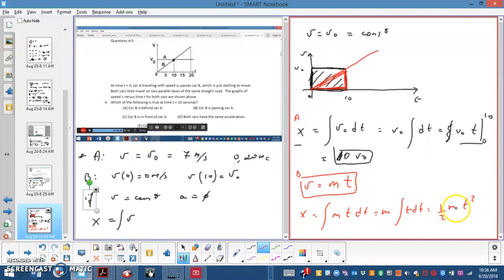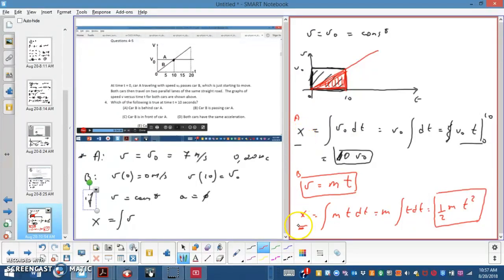Now notice you have 1/2 of the m and the t squared. This means that this is the area of your triangle. Do you see? It's 1/2 base times height. So now you're looking at this portion here. Which one is smaller, the x for B or the x for A?